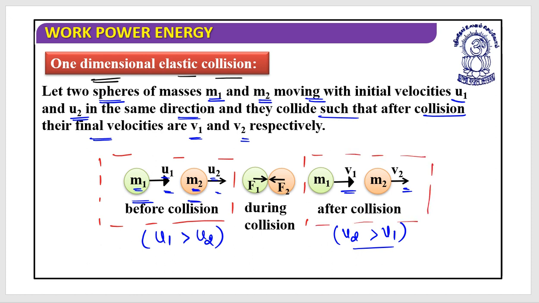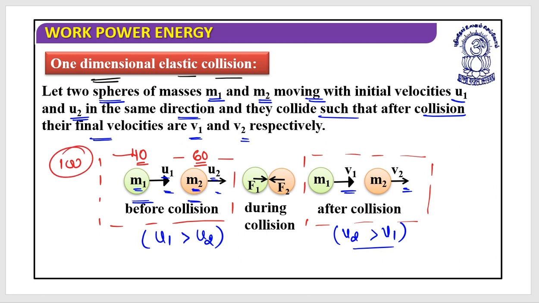While I say so, I want to clarify one thing. Let's suppose the initial momentum of this is 40 and the initial momentum of this is 60. So the total momentum of the system initially, before collision, is 100.